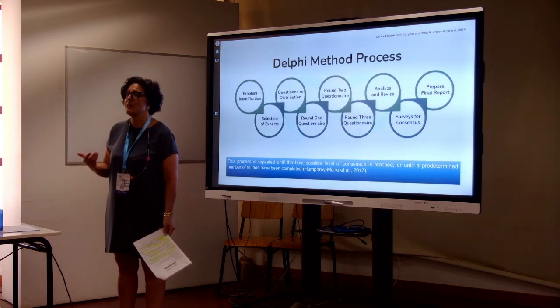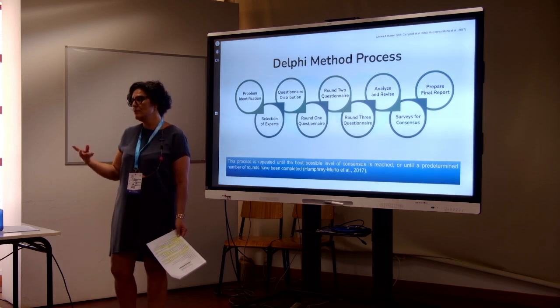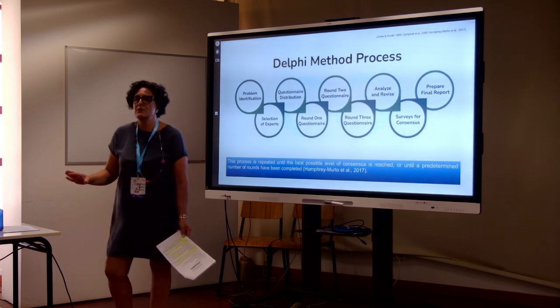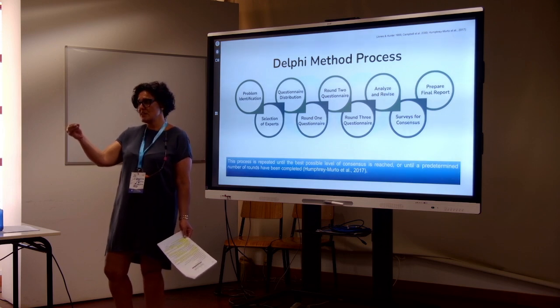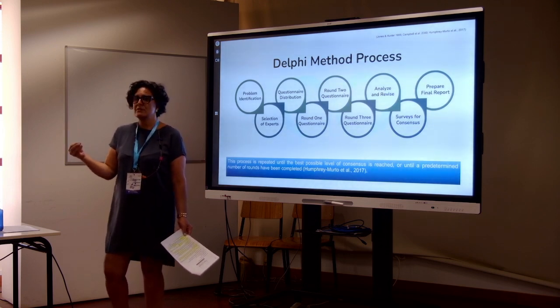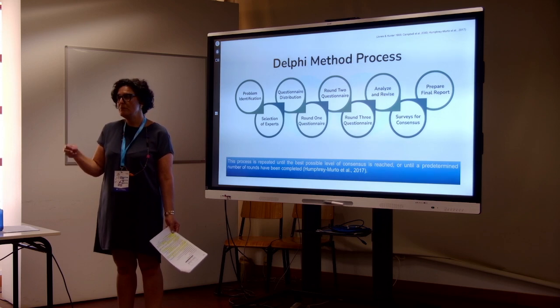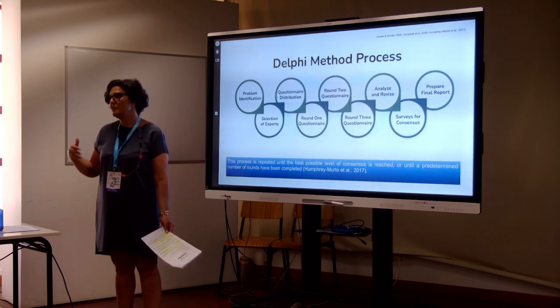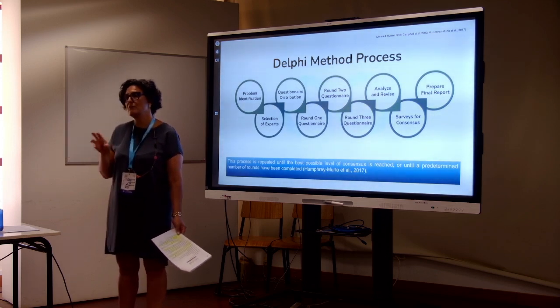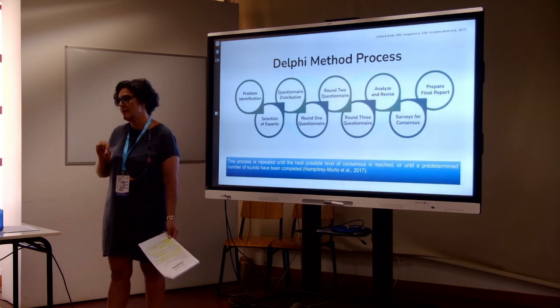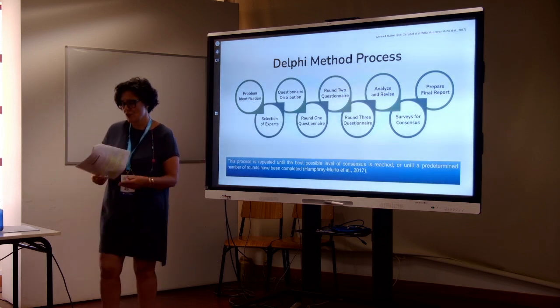You can, for example, have a Delphi with 2 rounds where a very good level of consensus is achieved, but you can go to more than 10 rounds. And that is something researchers have to contemplate when designing the research.